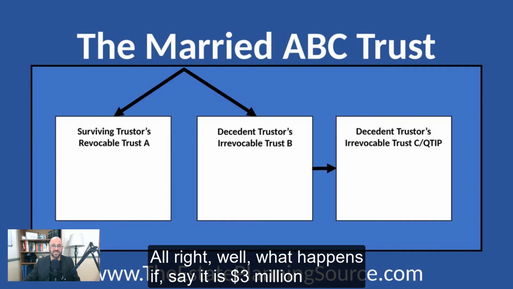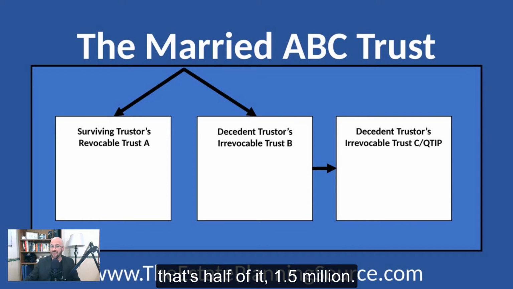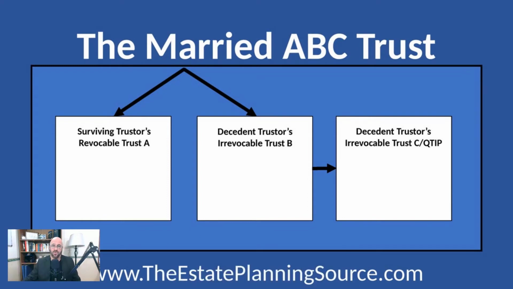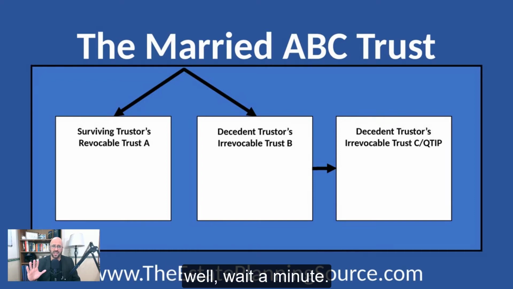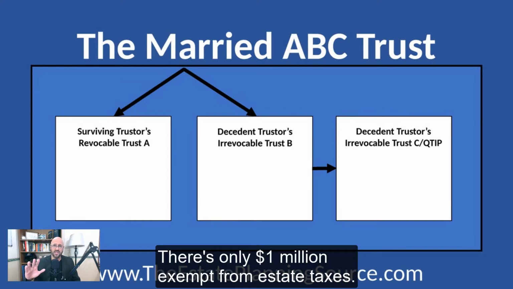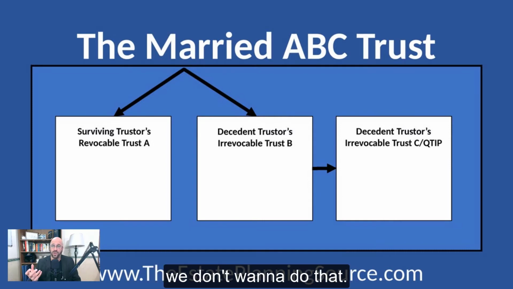Well, what happens if, say, it is $3 million, and so in the surviving trustor's revocable trust A, that's half of it, $1.5 million. Well, $1.5 million comes over to that trust B. Well, wait a minute. There's only $1 million exempt from estate taxes. That would mean $500,000 is exposed to estate taxes now. We don't want to do that.